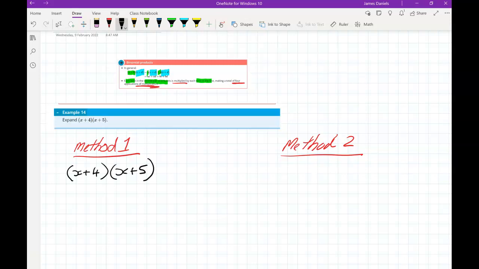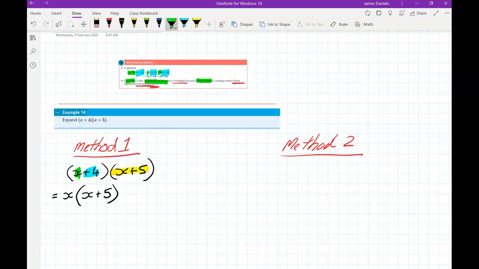And if we think about the second dot point, it says our terms in the first, we have the term x, and we have the term plus 4, will be multiplied by everything in the second bracket. All right, let's build our second line of working. I'm going to take the x term, and I'm going to multiply it by the second bracket, x plus 5.